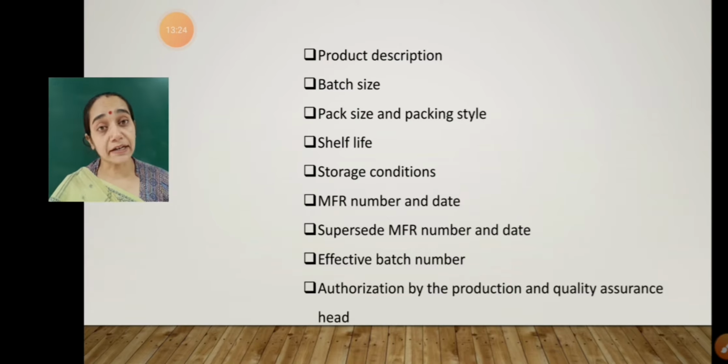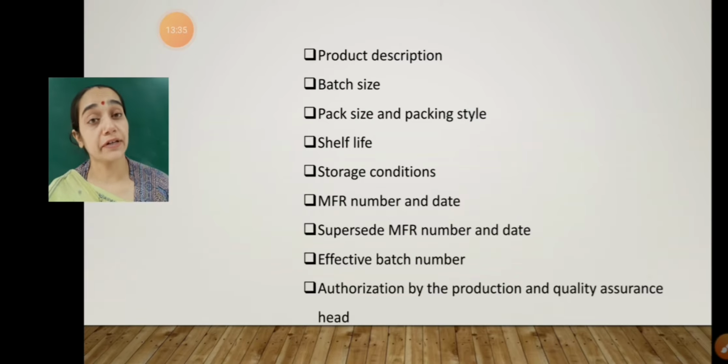So it will be written, for example, that it is for 10,000 tablets, 20,000 tablets, or 1 lakh tablets, or if it is a liquid, then it is for 20 gallons or 1000 gallons. The size of that batch will be explained uniformly, in a consistent manner. Then what will be the pack size and packing style?